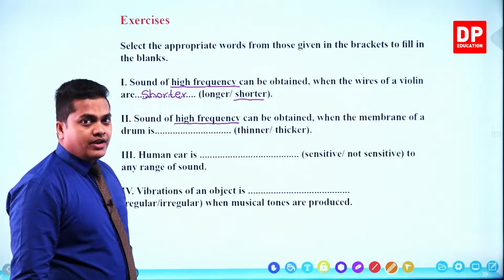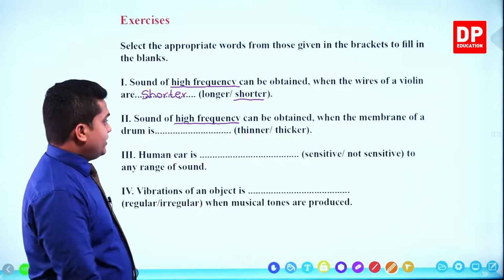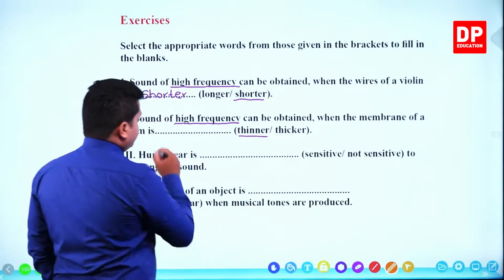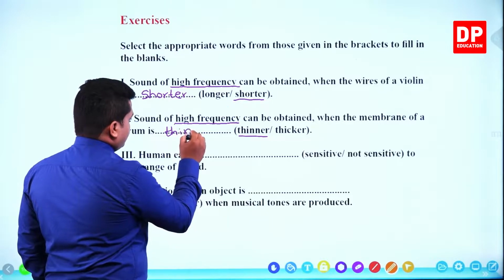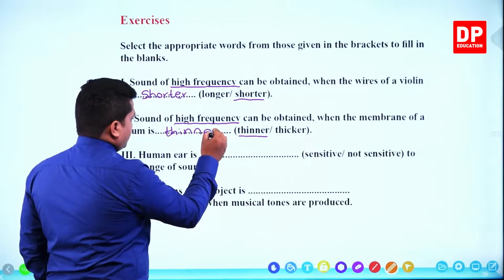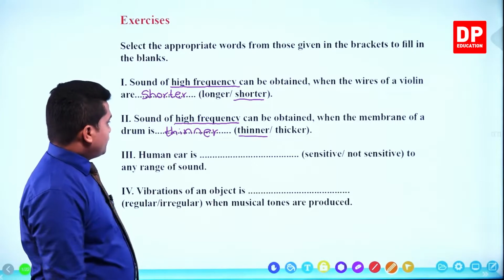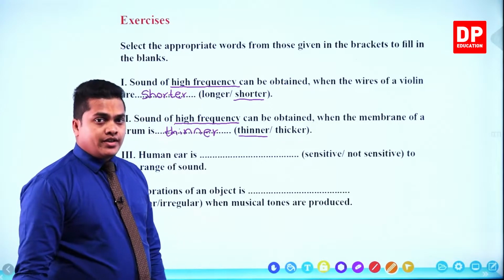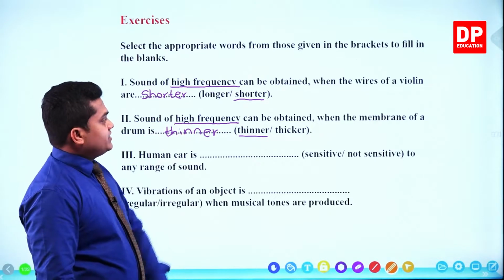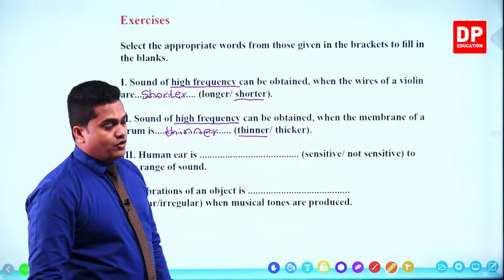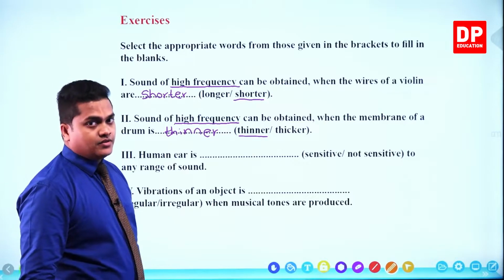We can choose the word thinner for the blank. That's the correct answer.